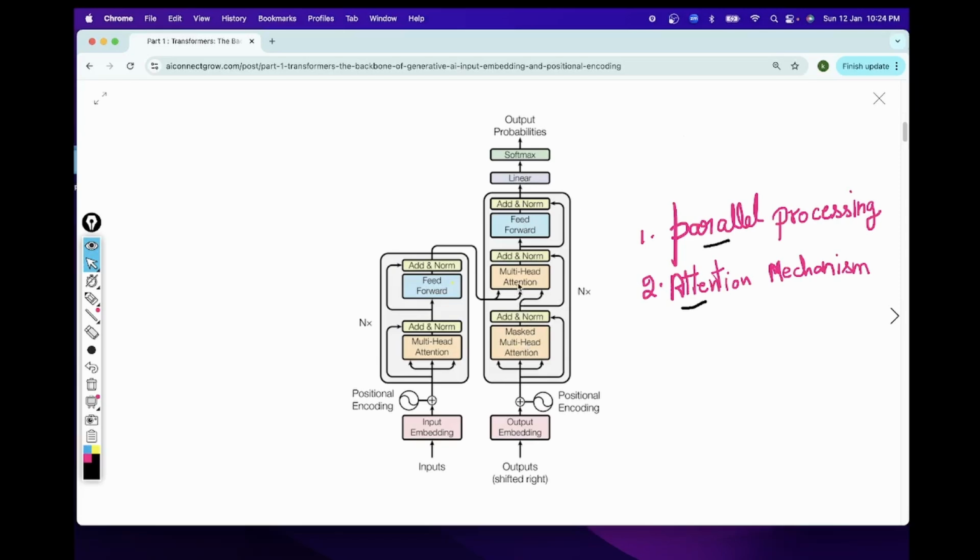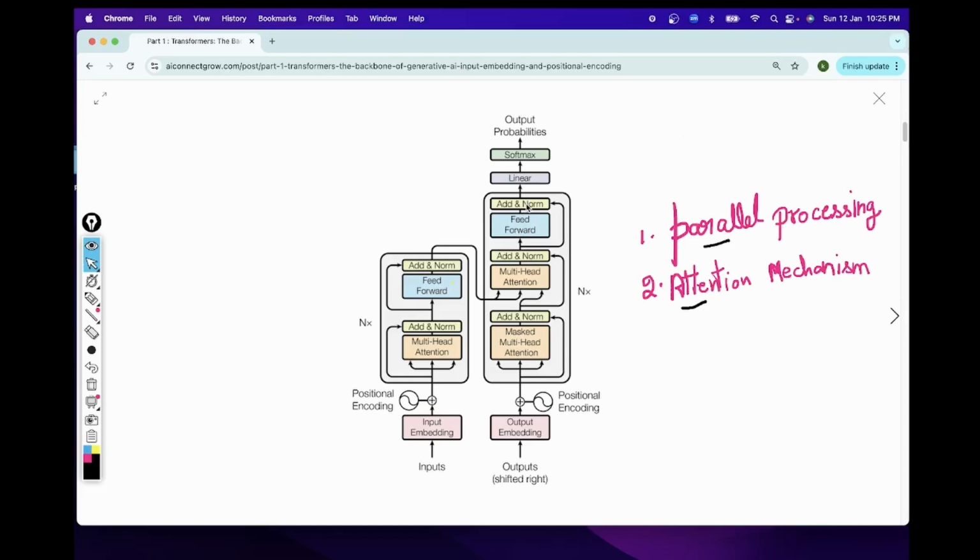Then it is followed by a cross-attention mechanism. This layer connects the decoder block to the encoder. It uses the encoder's output to focus on relevant parts of the input sequence while generating the output tokens. This ensures the generated text is contextually aligned with the input, followed by feed-forward neural network and normalization layers.